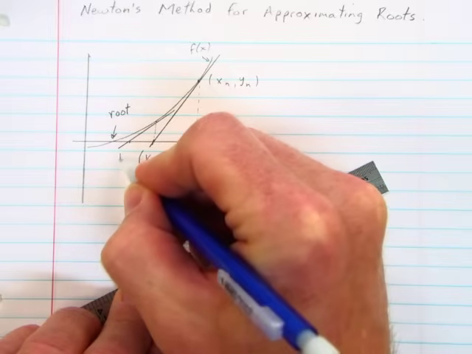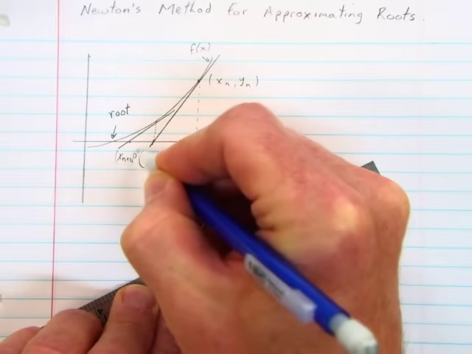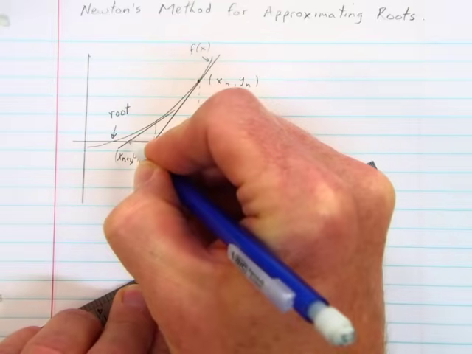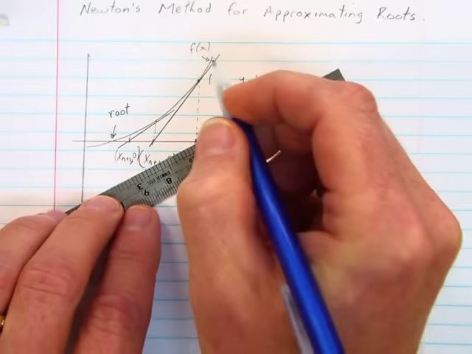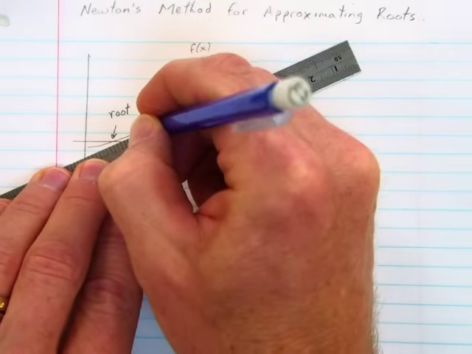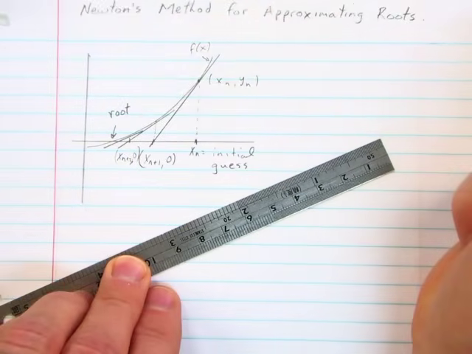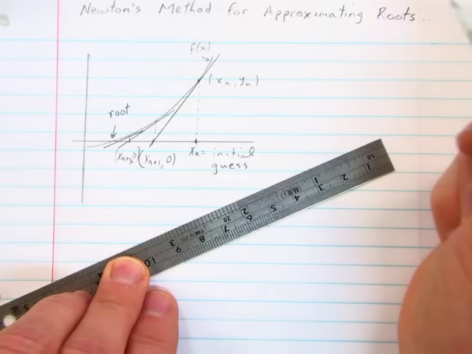This value will be x sub n plus 2, comma 0. And we would continue to draw the next tangent line, etc. This one will be a little bit harder to see, but you can see that's getting pretty close to the root with just a couple iterations of this process.